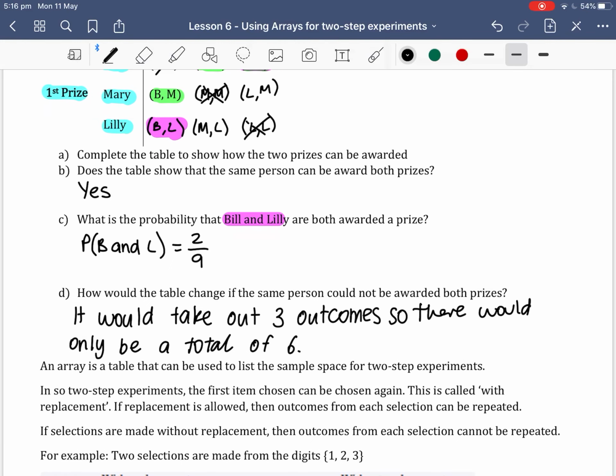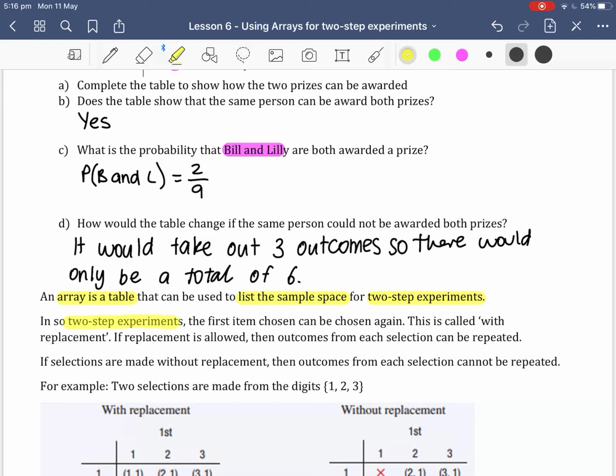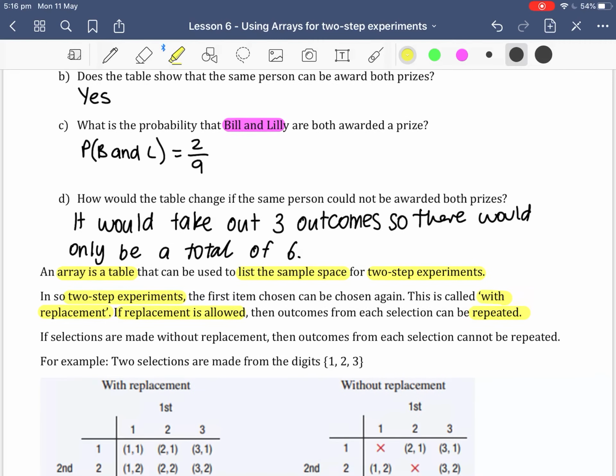So an array is a table that can be used to list the sample space for two-step experiments. In two-step experiments, the first item chosen can be chosen again. This is called with replacement. If replacement is allowed, then the outcomes from each section can be repeated.